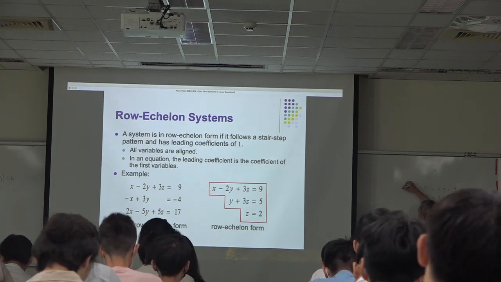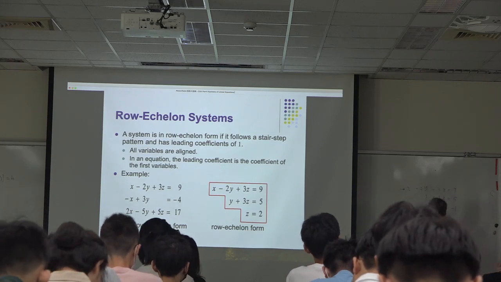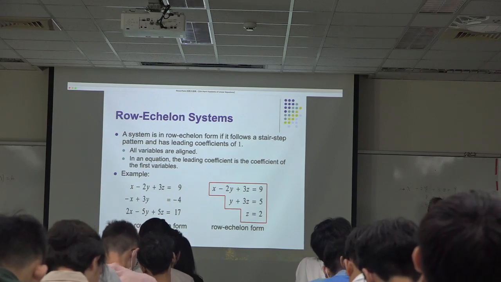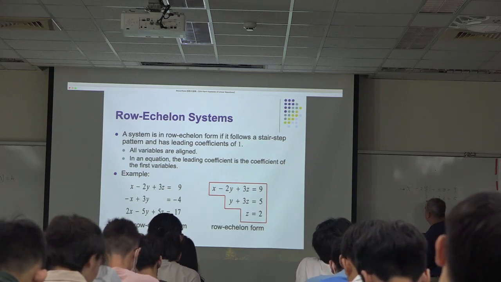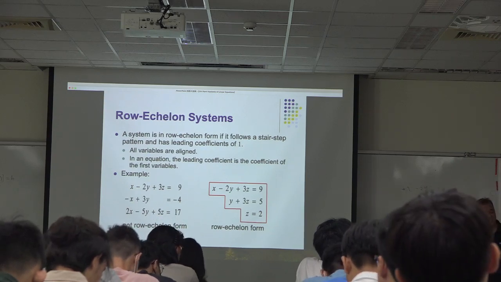Once you finish that, this one you don't need to do anything. Fix this, and now for the second linear equation, the leading coefficient for y is 1, right? That's great. It's 1 again.